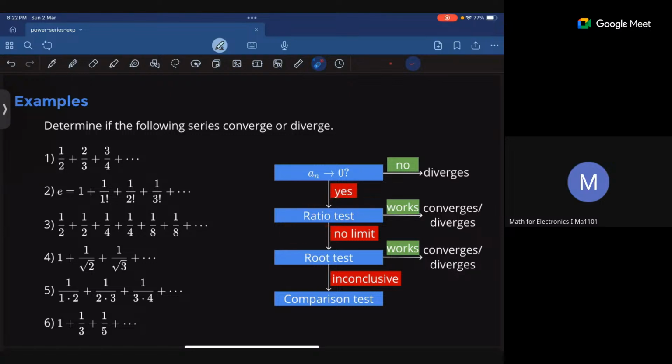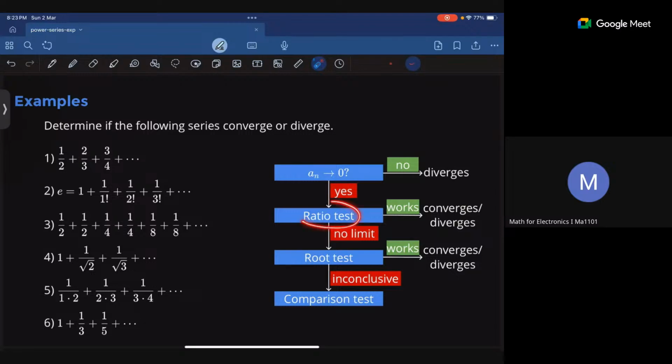Take the (n+1)th term, divide it by the nth term, take the absolute value and let n tend to infinity. If this ratio test works, meaning you get a limit value either less than 1 or greater than 1, then you can conclude whether it converges or diverges.